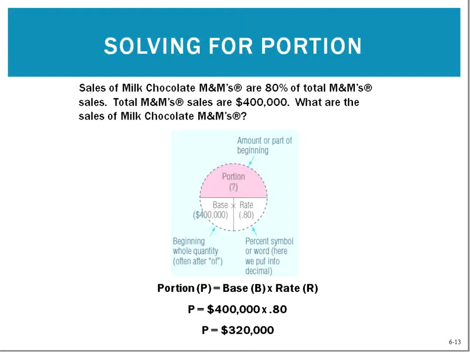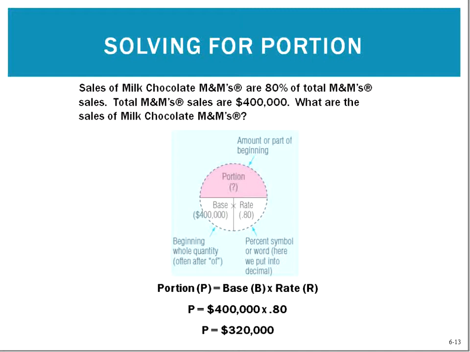From a marketing perspective, obviously this is a little off track, but I want to show you how this is applicable. If you're already selling so much of this product, you want to keep pushing it. But at the same time, you need to do something about your other products so that this $320,000 shouldn't decrease.